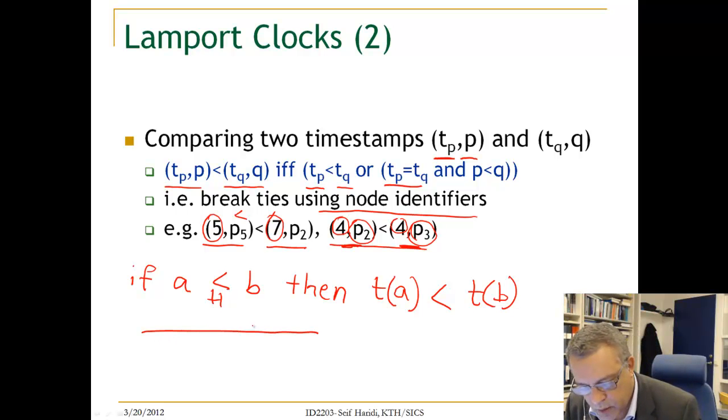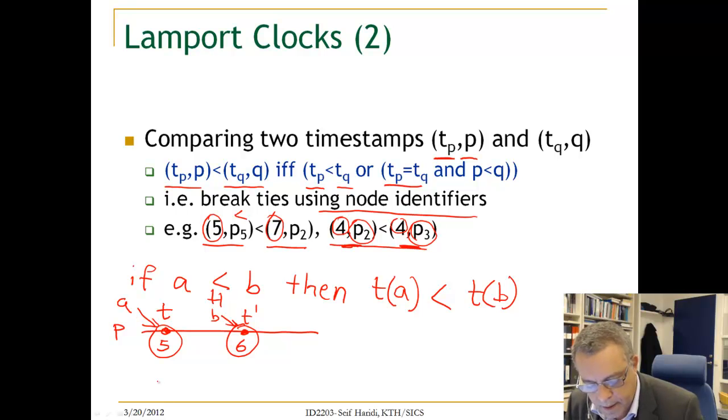On one process P, a local event has a time t, say 5. When it performs another local event, the clock is incremented to 6. So the timestamp associated with this event, call it event B, is greater than the timestamp associated with this event, A.